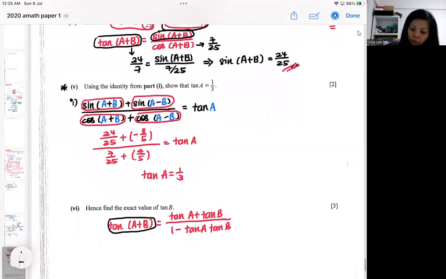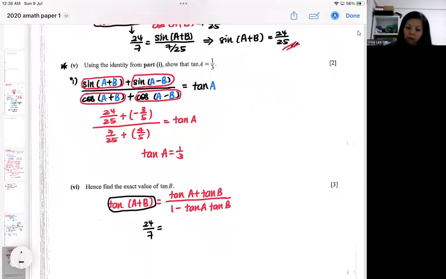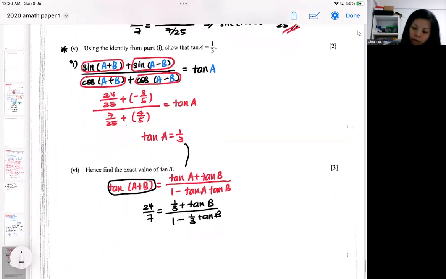It's just that if you're not mindful of what you have, you find that things are everywhere. And then the 1/3, I can put in the 1/3. If you do your cross multiplication very carefully, you should be able to get your tangent B.